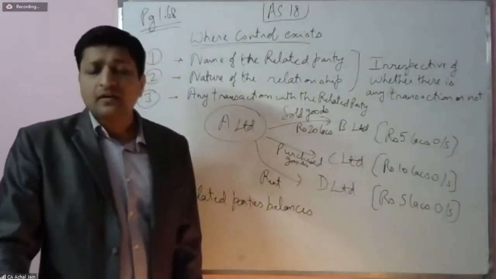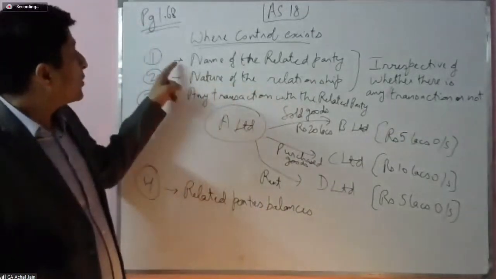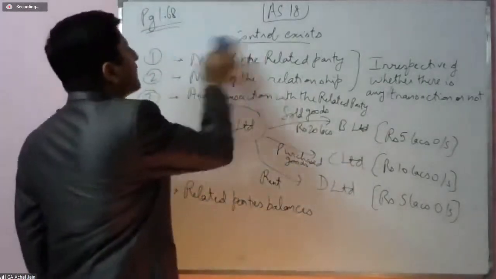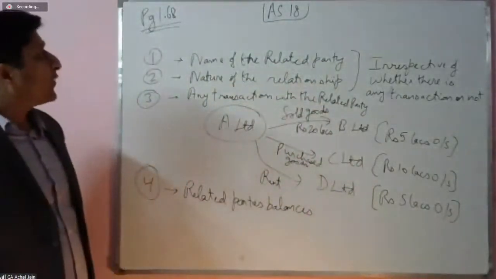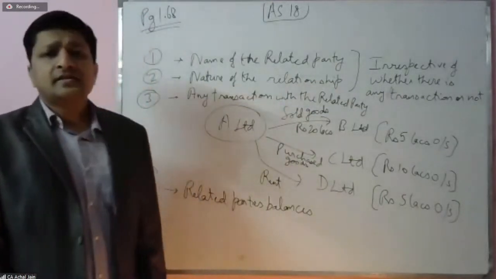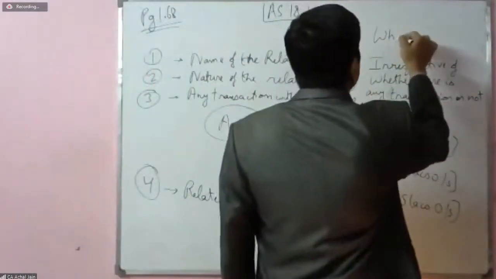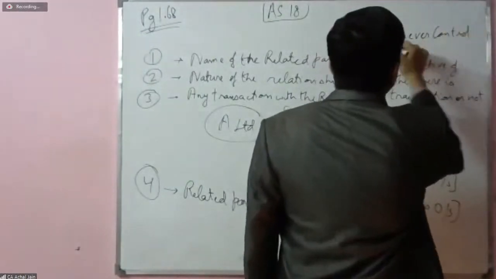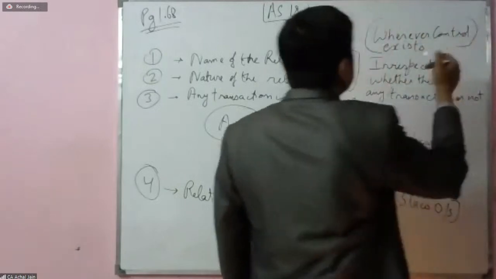Now to this aspect, one very important point which we need to consider is about point number 1 and 2. Now what does it say? Standard says wherever control exists, I'm not talking about any other related party relationship.